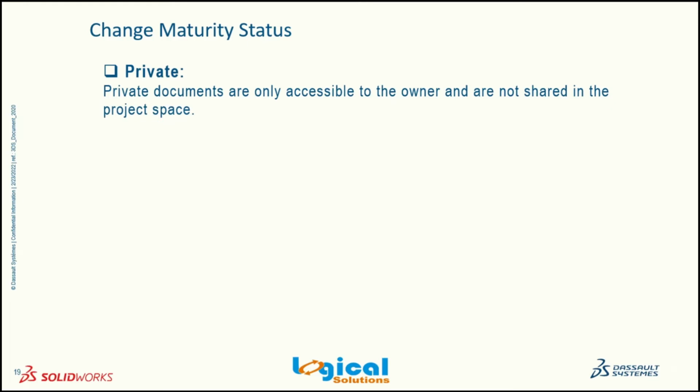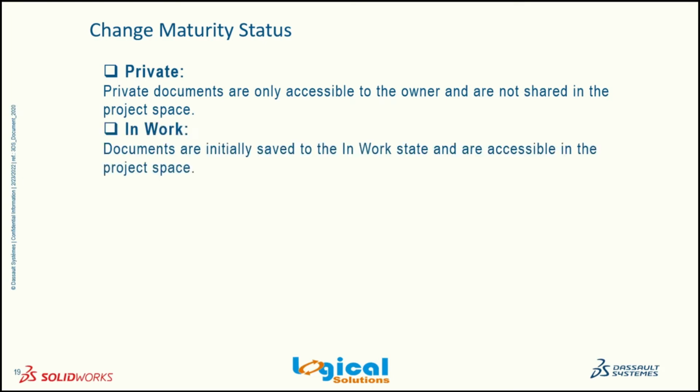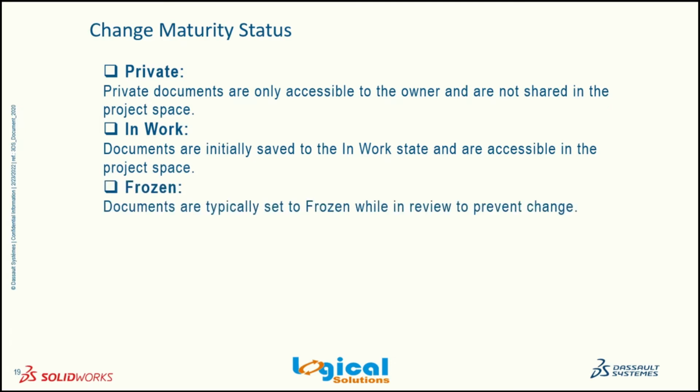Private is accessible only to the owner and will not be shared in the project space. In work is when you are working on your particular document, and this will be accessible to your project space.